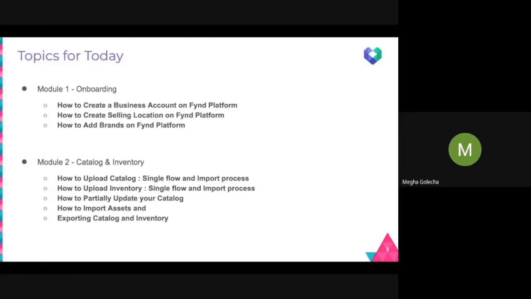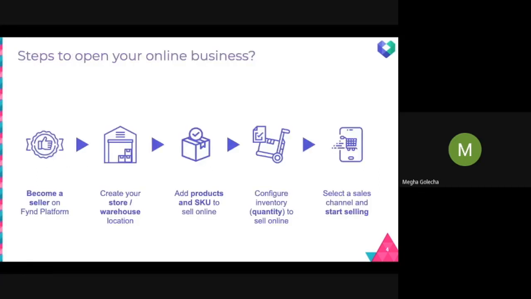Moving on. So what exactly can you do in Find Platform? This diagram explains it in a simple way. What would you do to create your own website or start selling online? First, you will become a seller on Find Platform. Secondly, you need to create a store or warehouse location, which is your stock point. Then you need to add your products to your store or warehouse. Once you add your products, you need to update the quantity of those products.